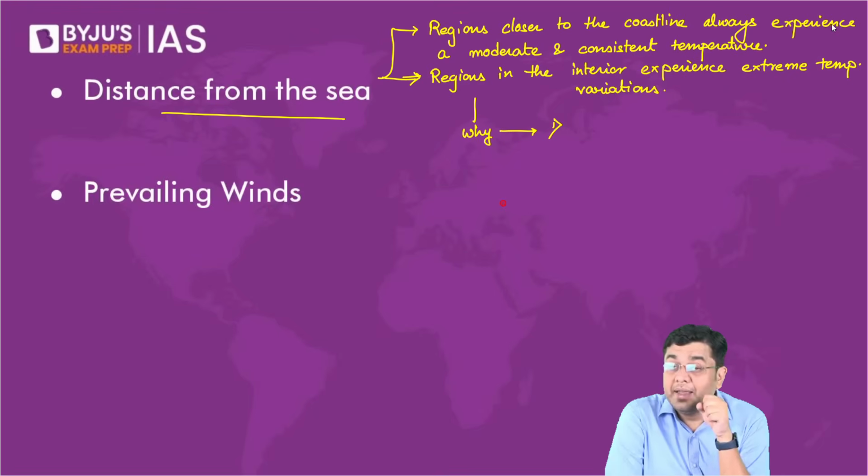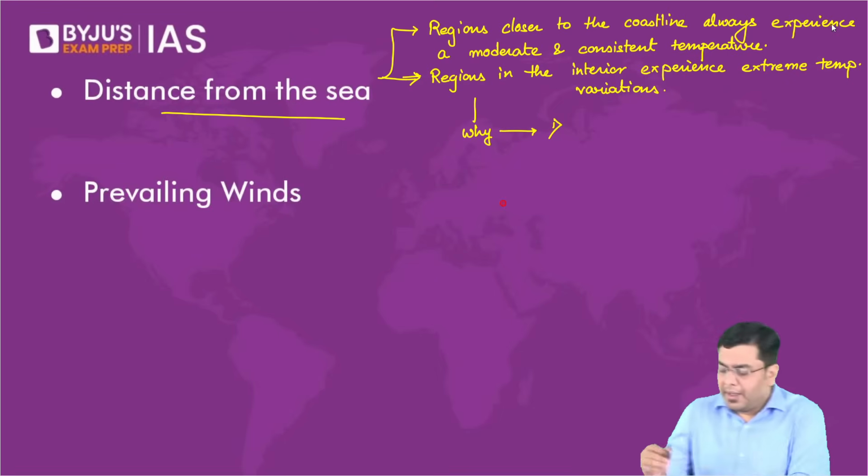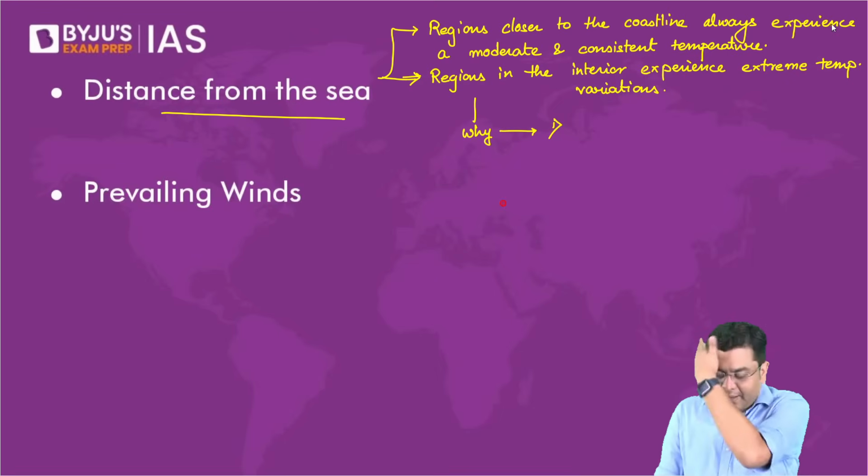Water vapor is able to retain heat for a longer period of time, and a significant amount of heat is retained. So because of that high presence of moisture, of water vapor, they are able to retain heat. They are able to have a consistency in temperature range. Okay. So these are the two factors basically.